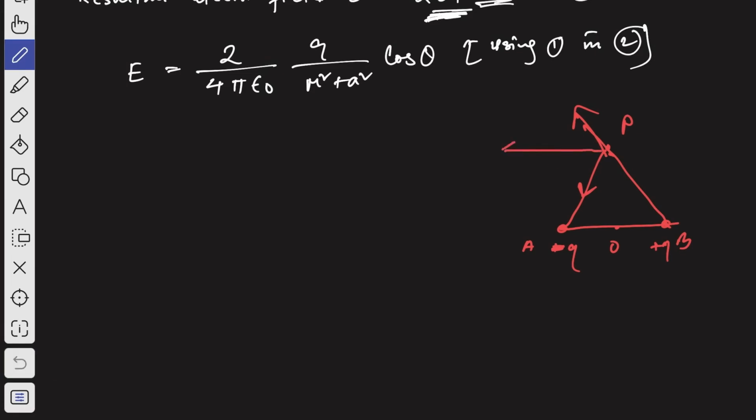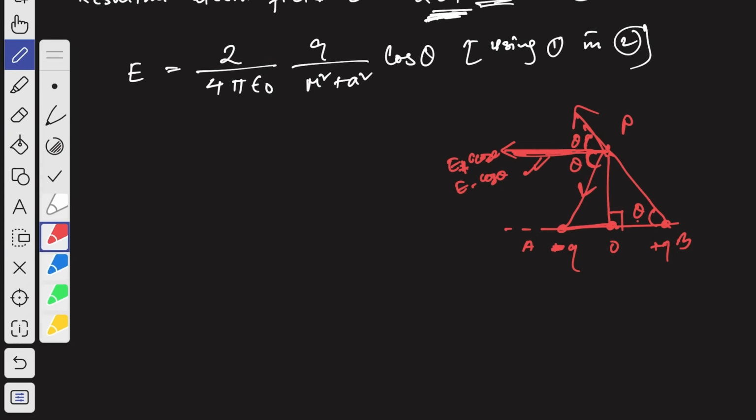As this angle is twice theta, the cos component of these two fields, E plus cos theta and E minus cos theta, will divide this angle into two equal angles theta. In that case this component is parallel to this side, that's why if this angle is theta, then this must also be theta, right? If this angle is theta.